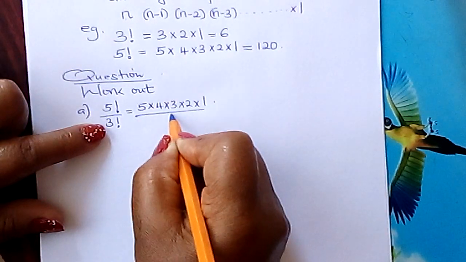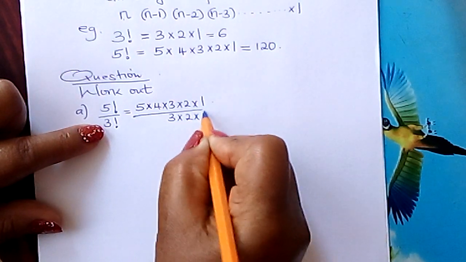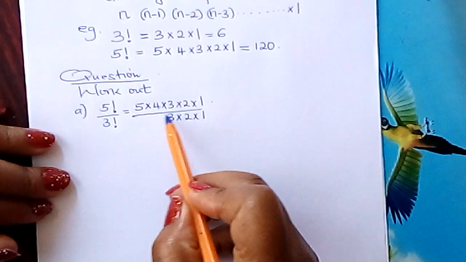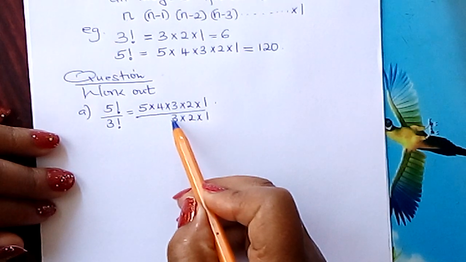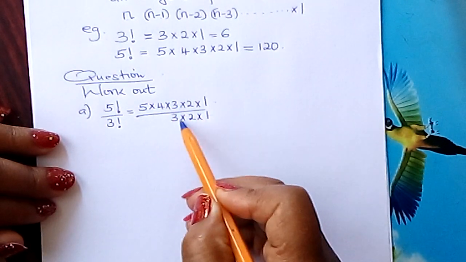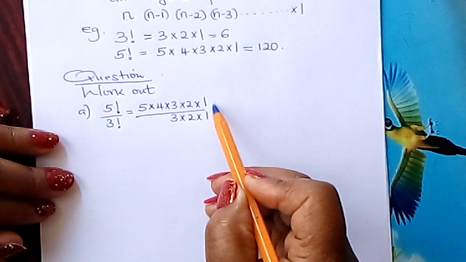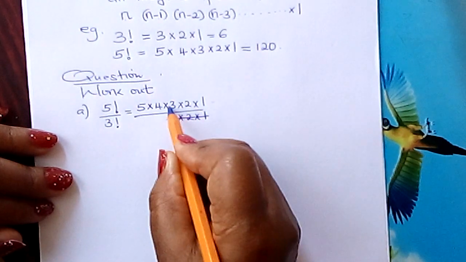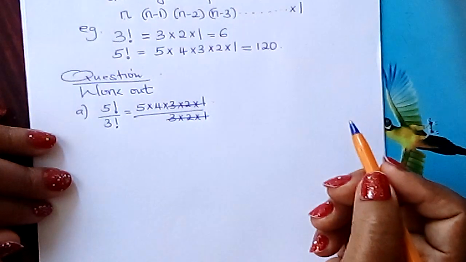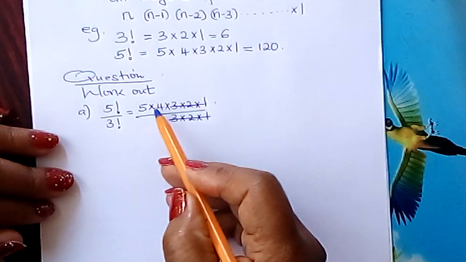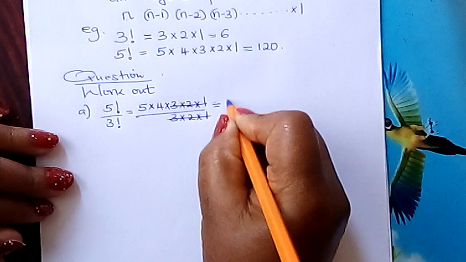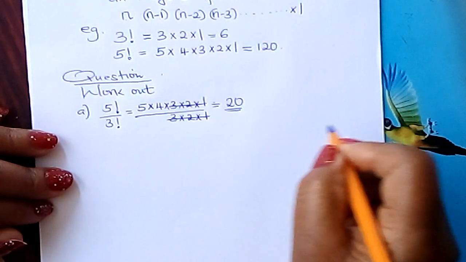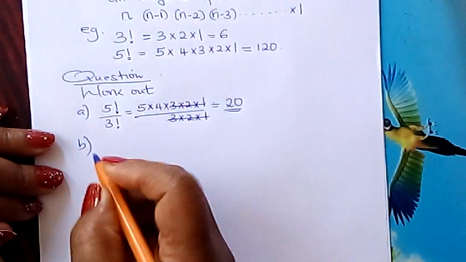Divided by 3 factorial, which is 3 times 2 times 1. Learner, if you look at this product, these numbers from 3 heading to 1 will cancel out. In other words, 3 factorial will cancel out with 3 factorial. And therefore you are left with 5 times 4, which is 20.